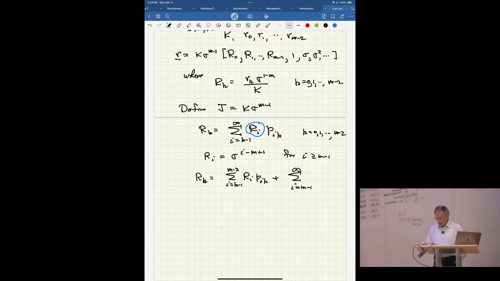What is capital R in that case? It's these numbers here. I already know they're forms of sigmas, so let's write that down. That'll be sigma to the i plus 1 minus m times p sub ik.